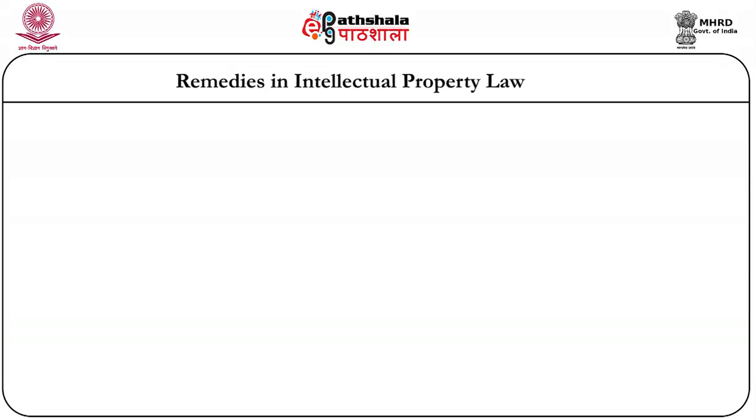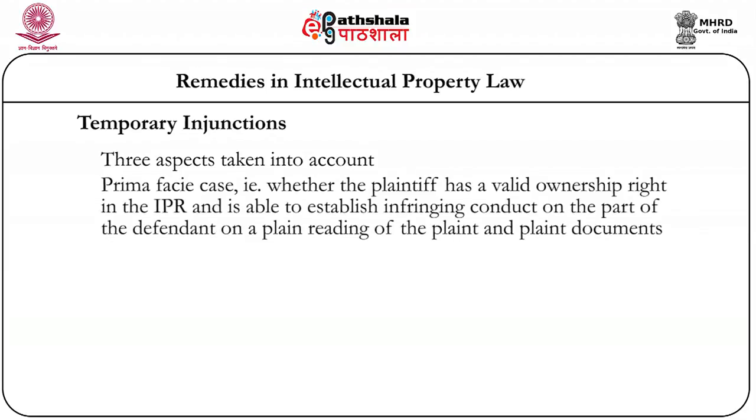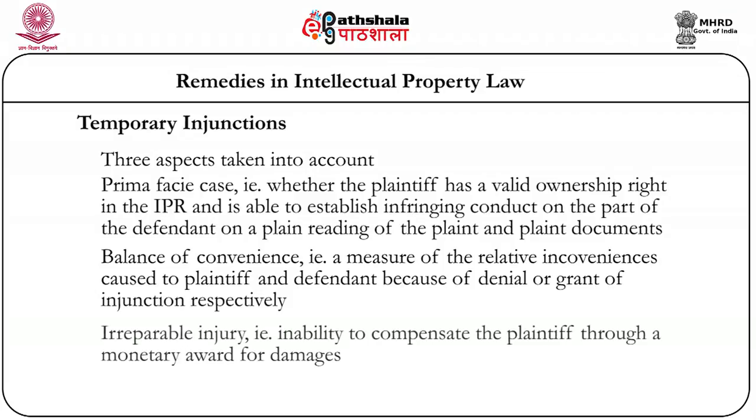The court has always characterized its approach to the grant of a temporary injunction using three factors: the existence of a prima facie case, balance of convenience, and irreparable hardship. Let's look at each of these factors. What does one mean by a prima facie case?